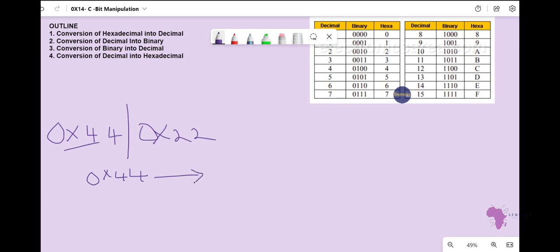is equivalent to 0, 1, 0, 0, 0, like that, 1, 0, 0. These are 8 bits, yes. And then we have 0x2.